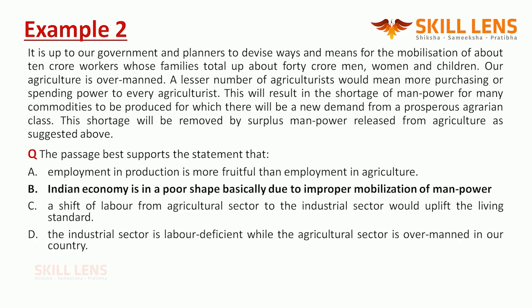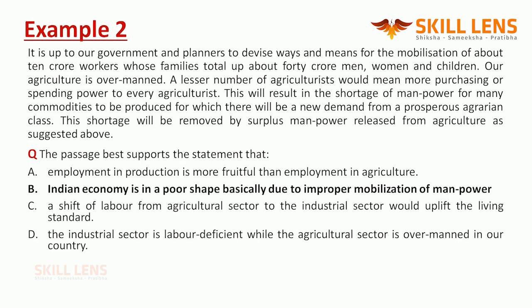It talks here that agriculture is overmanned, and it says if people who are working in agriculture are removed, it will create a demand for the production field, that is the industrial field.